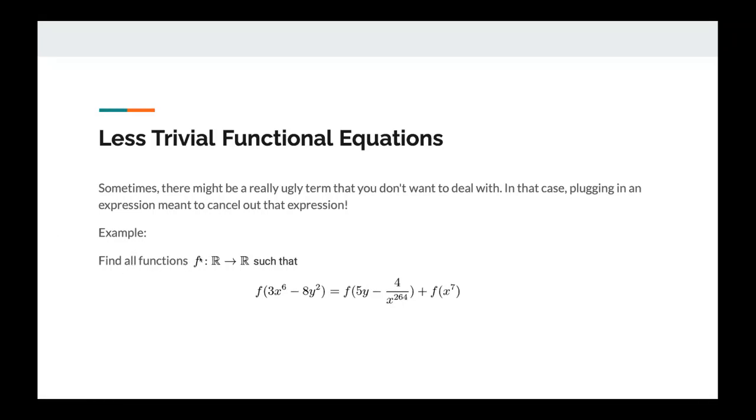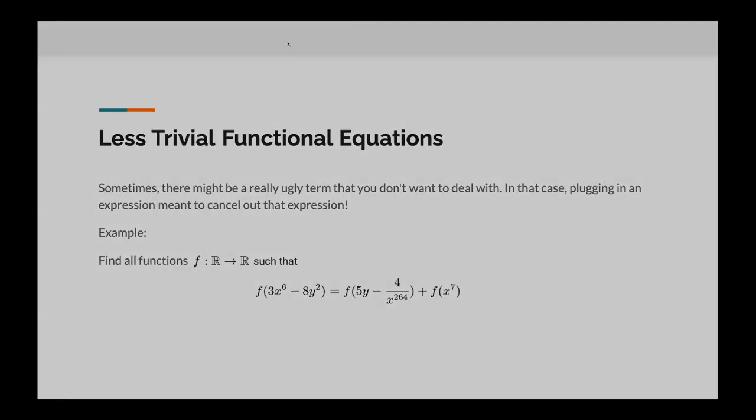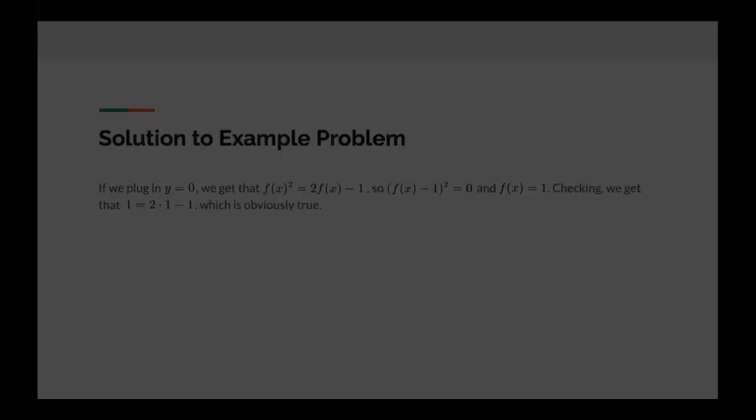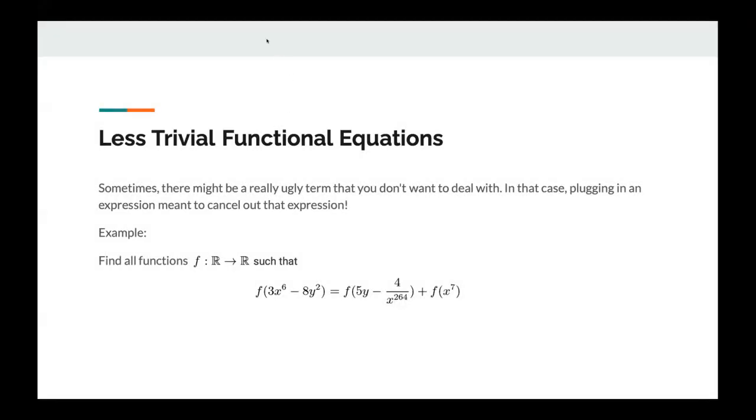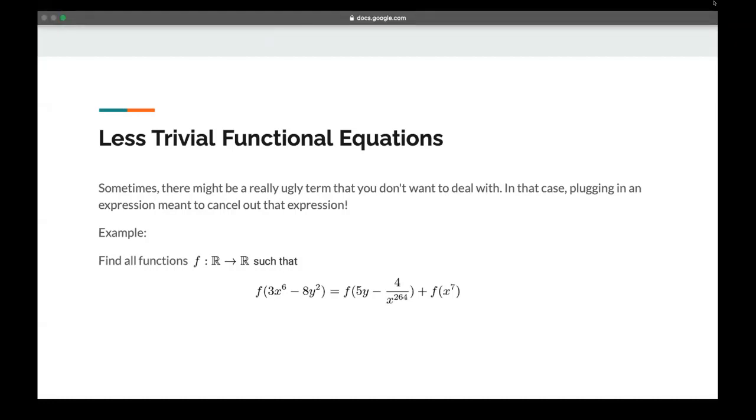Again, f goes from the reals to the reals, and f of 3x to the 6 minus 8y squared equals f of 5y minus 4 over 2 x to the 264 plus f of x to the 7. Again, I'll give you 2 minutes to think about this problem and how you would be able to cancel things out.